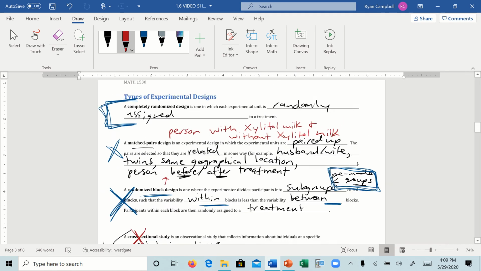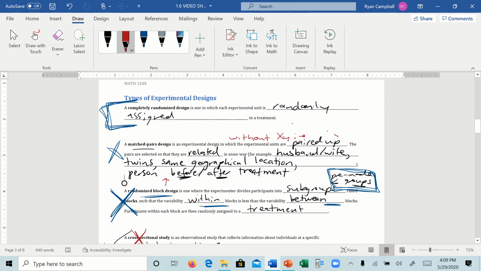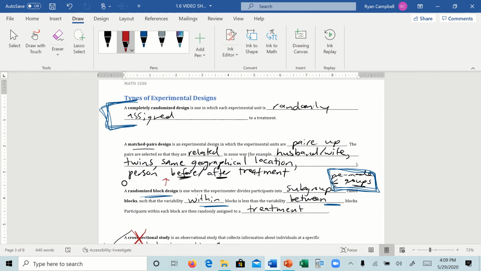All right, so what we've got left is matched pairs and randomized block design. If we have matched pairs, how are we comparing these two different things?